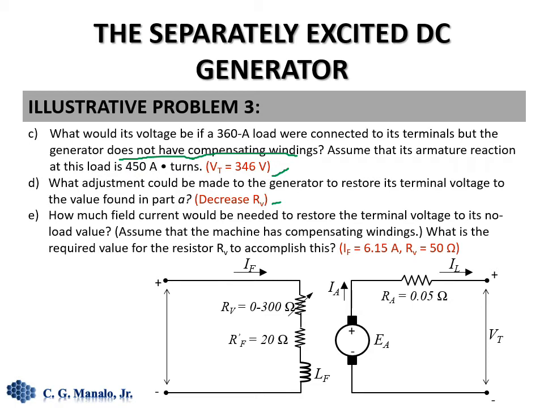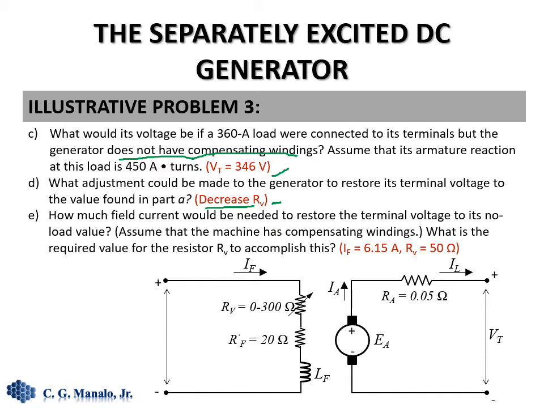And we want to know what adjustments we can do to restore the terminal voltage to the same value found in letter A, which is the voltage if we don't have any load. So what are we going to do? The answer is to decrease the value of R sub V.